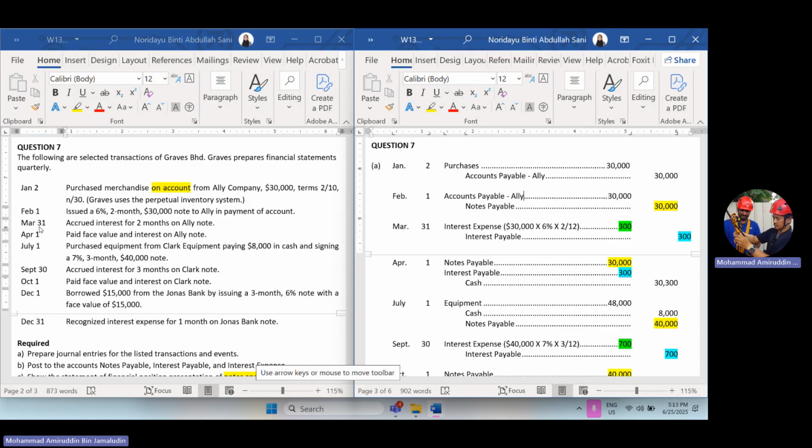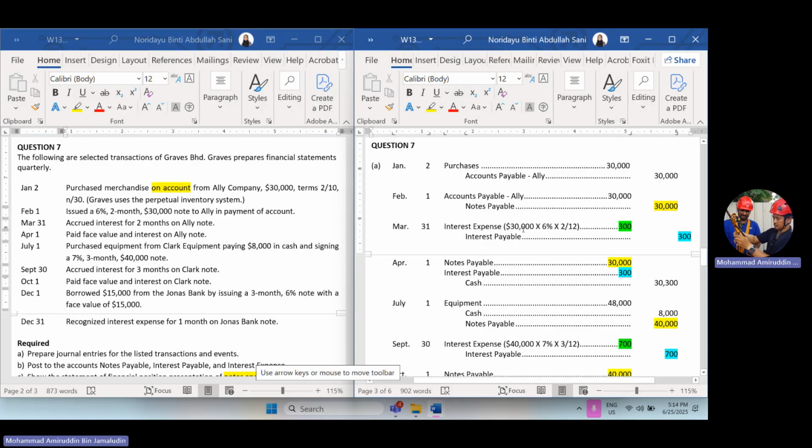Can you see how we derive the 2 months? Now I prepare the adjusting entry for the interest on the notes payable for 2 months. So debit interest expense, your expense goes up on debit. Credit interest payable, we have not yet paid. We record it only at the end of the month. That's common practice for the company. All adjusting entries, we don't make in between the month, normally end of month.